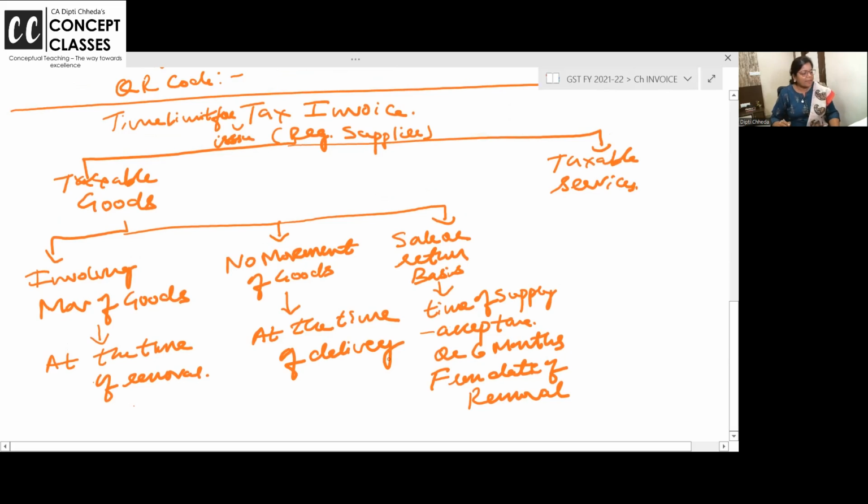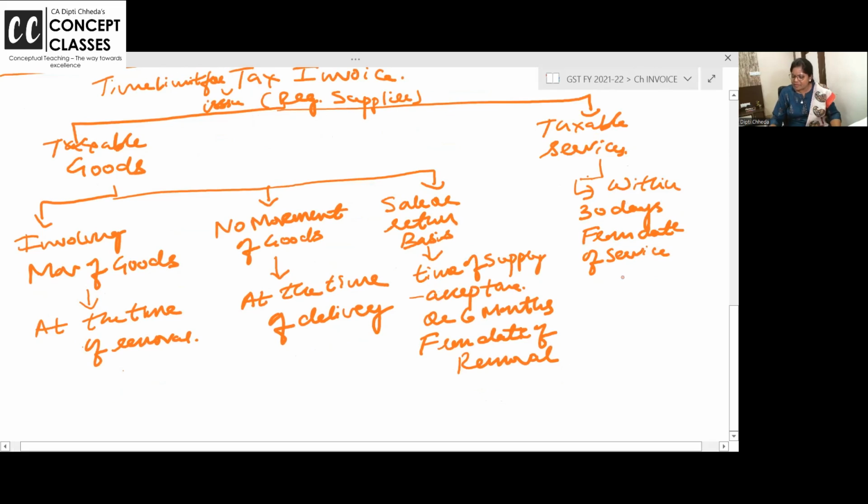Now, if you are supplying services, what is the time when you should issue the invoice? Within 30 days from the date of service, the invoice should be issued in case of taxable service.